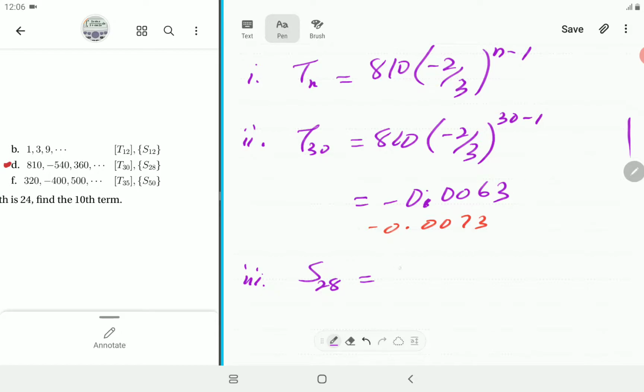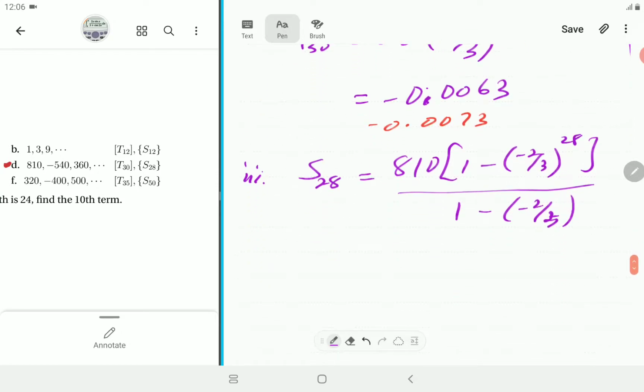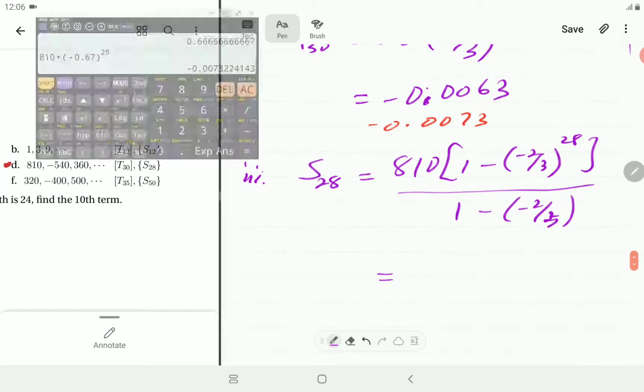Alright, and then we want the sum of the first 28 terms. So it's going to be 810 into 1 minus negative 2/3 to the power 28, and then this is all divided by 1 minus negative 2/3. Then you just punch this in the calculator.